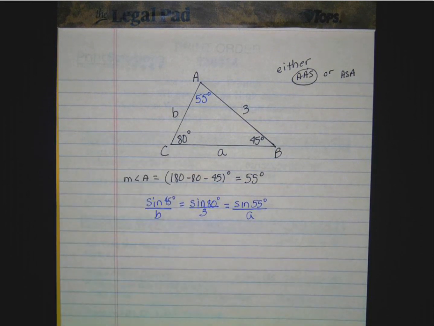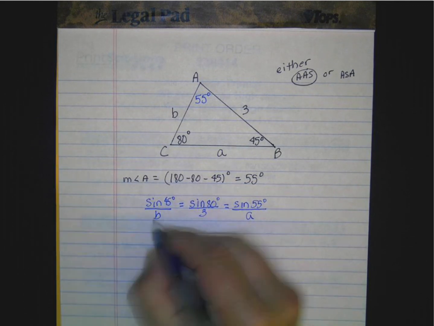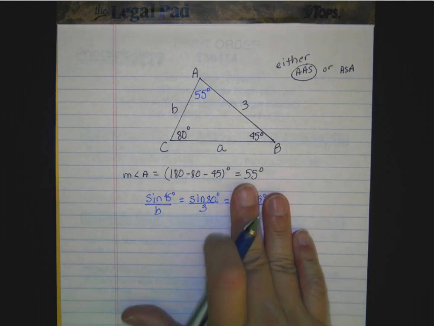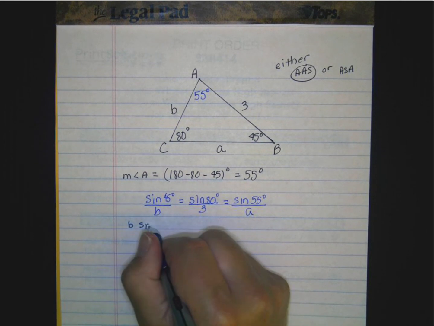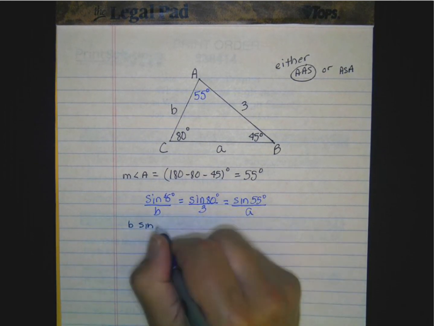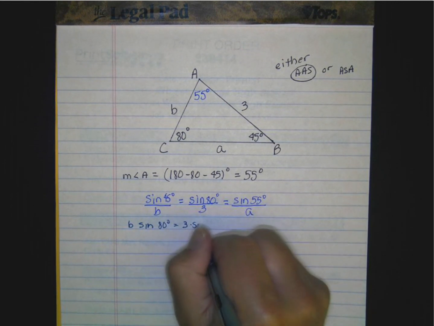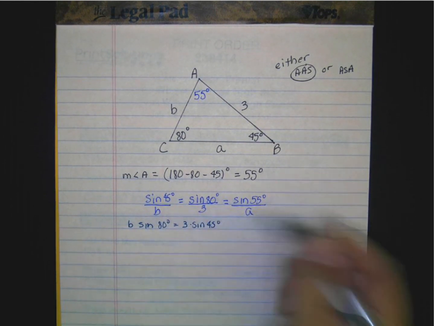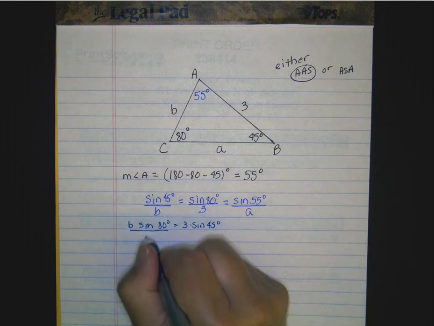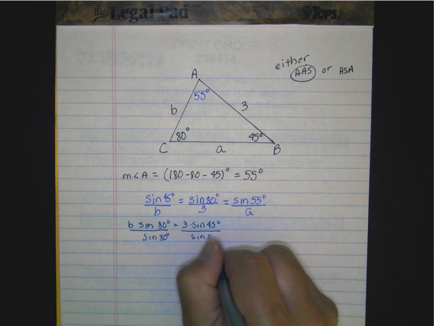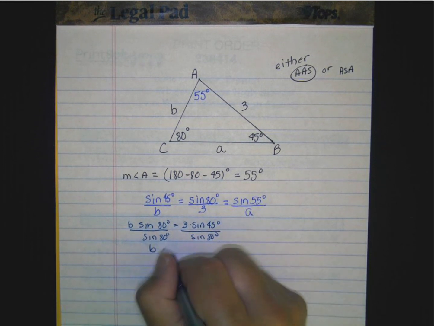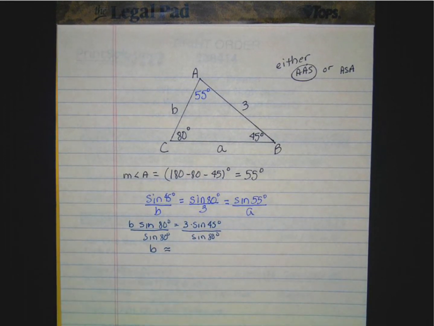So let's take a look at this. If I'm covering this one up, I'm solving this side. So it's going to be b times the sine of 80 equals 3 times the sine of 45. Divide both sides by sine of 80, and I get b is approximately, we're going to go to the nearest tenth.